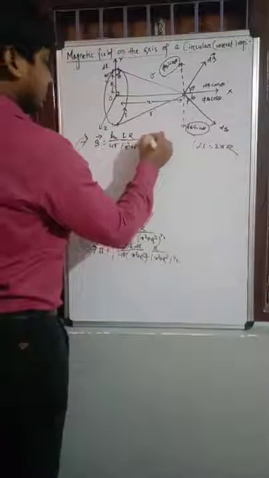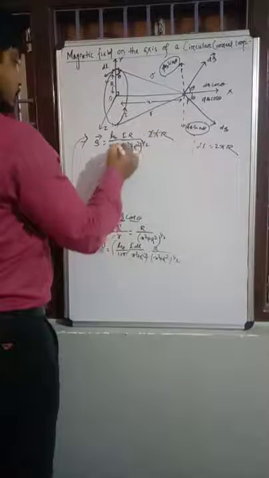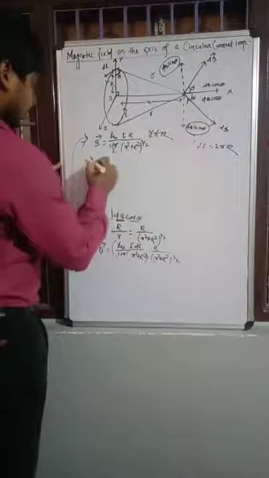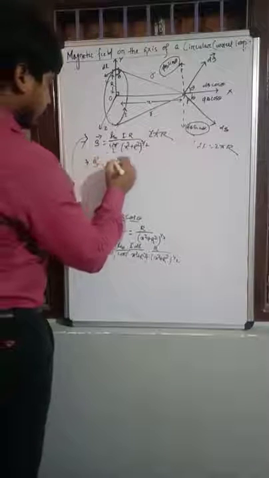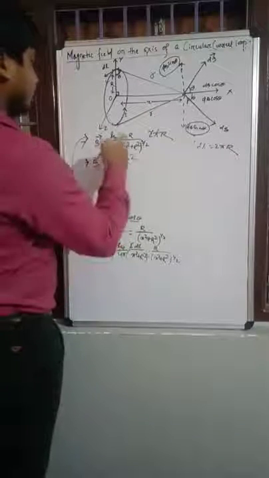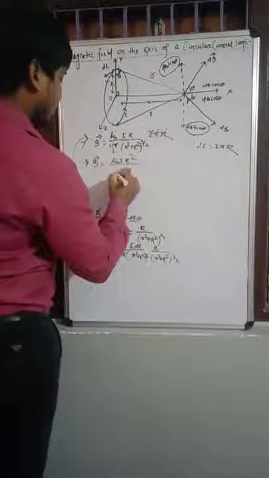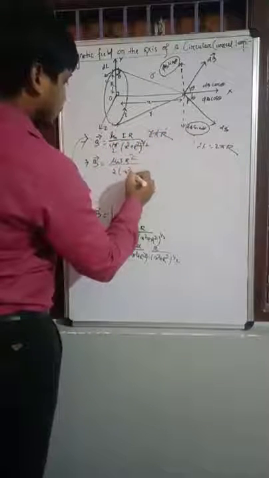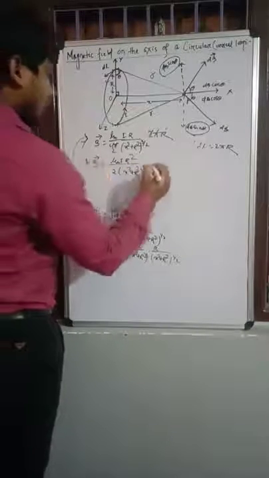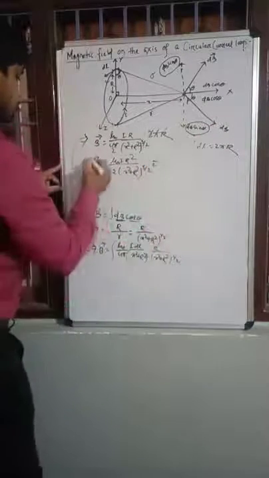You can see that in this pi and 2 pi, the 2 will be cancelled, and you will get this magnetic field given by mu naught I r square divided by 2 into x square plus r square to the power 3 by 2 along the x axis.